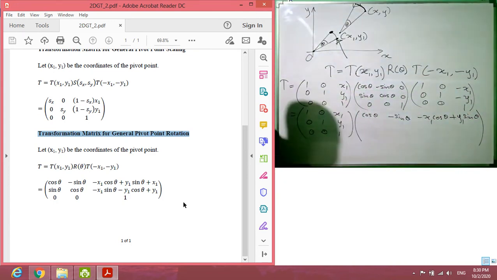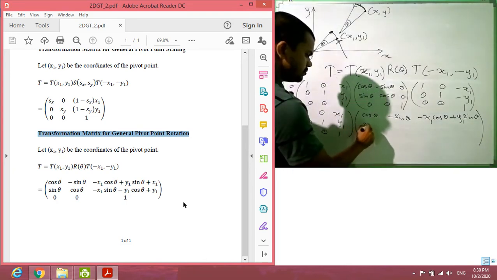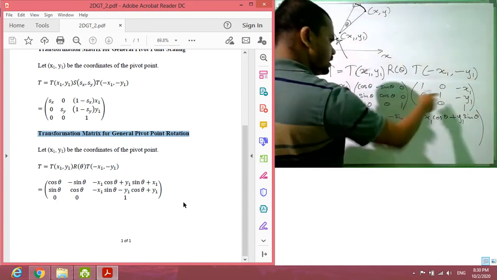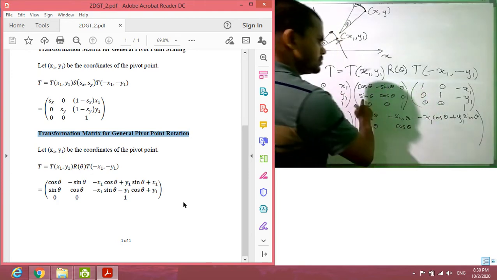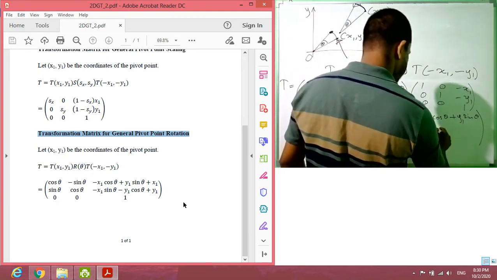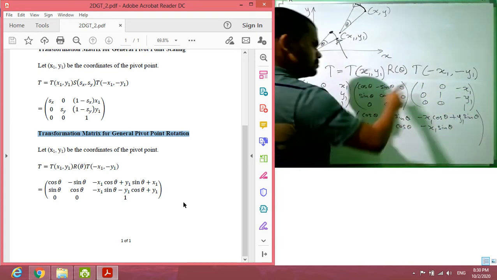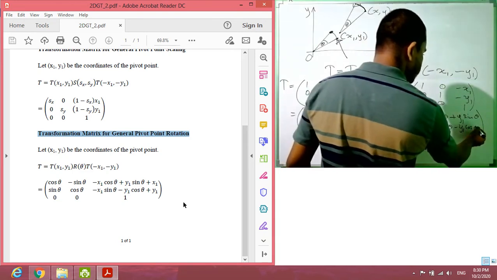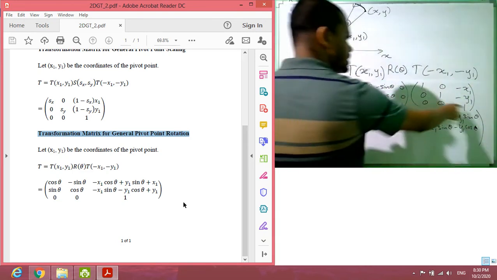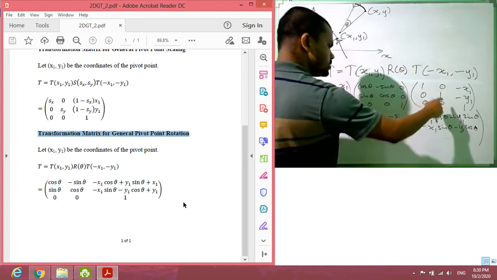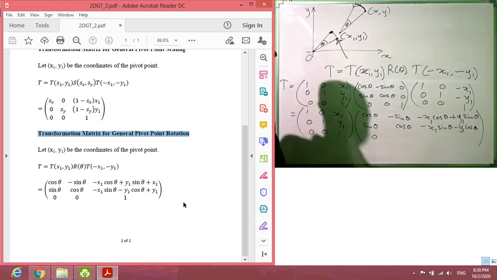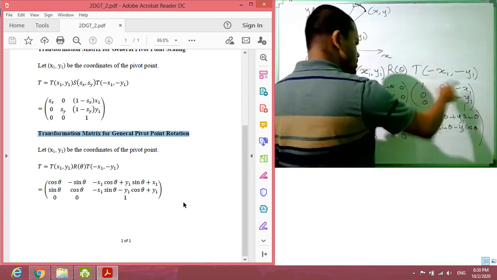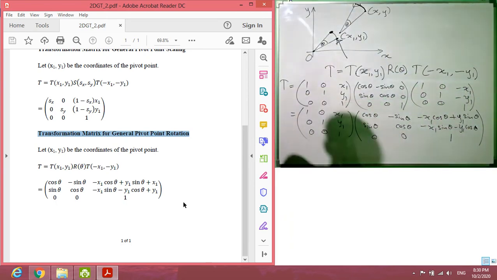Okay, now here sin theta, 0 0, sin theta, this one cos theta, minus x1 sin theta minus y1 cos theta, and 0 0 0 all zeros, here 1.